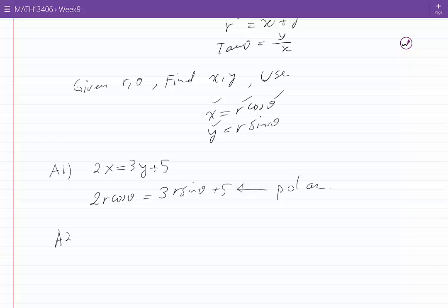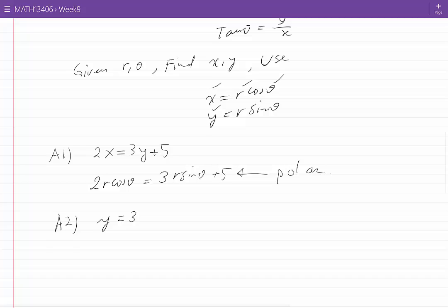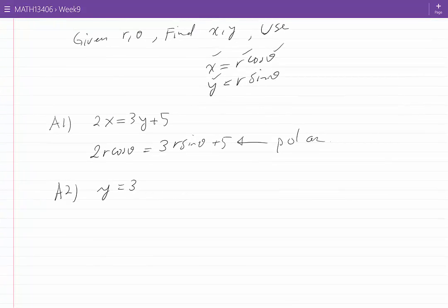Question A2. y is equal to 3. This is a horizontal line passing through 0 and 3. To write down the equation of this horizontal line in polar form, I make use of the appropriate equations again. y is equal to r sin theta.